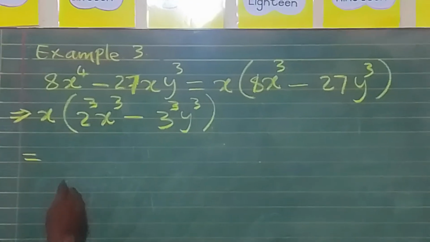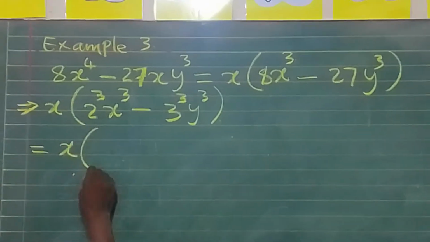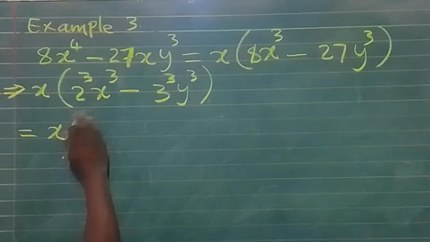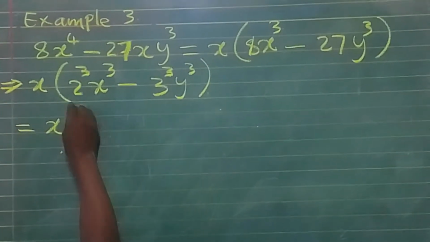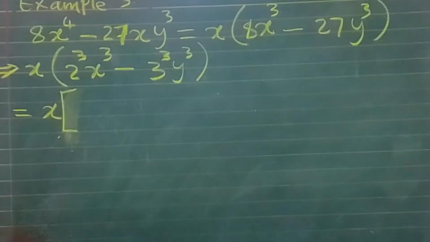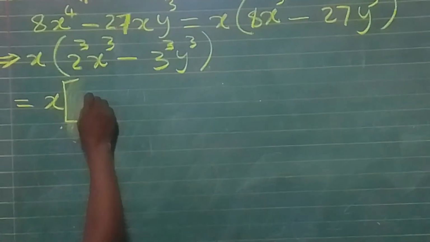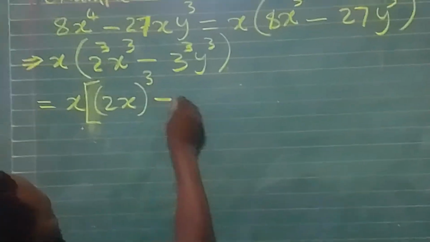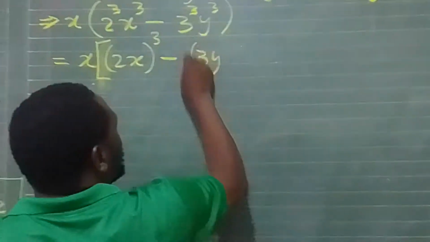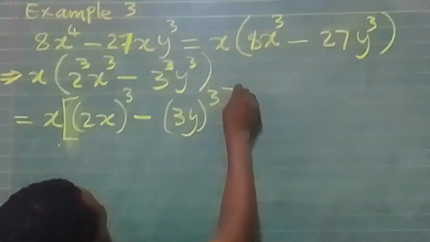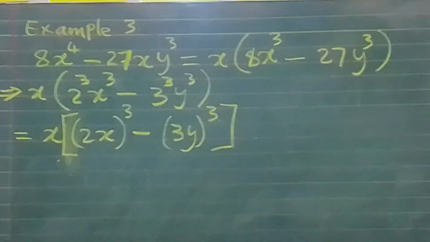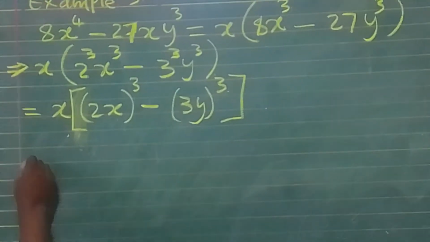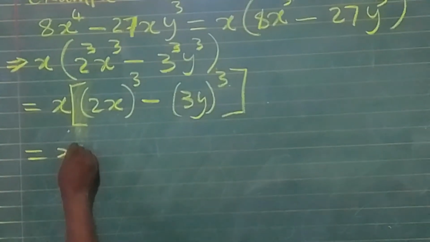This is equal to x into, open the square bracket, 2x all cubed minus 3y cubed. You see now, you have A, you have B. Now you can factorize.